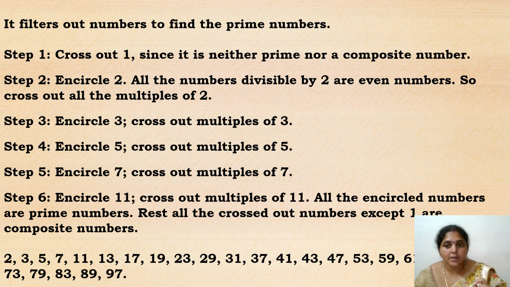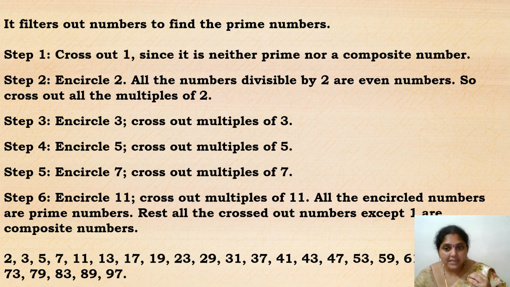We are not going to call 1 a prime number or a composite number, so leave 1. When we strike out the multiples of 2, 3, 5, 7 and 11, the numbers we leave are 2, 3, 5, 7, 11. We are leaving them and striking all the remaining numbers.